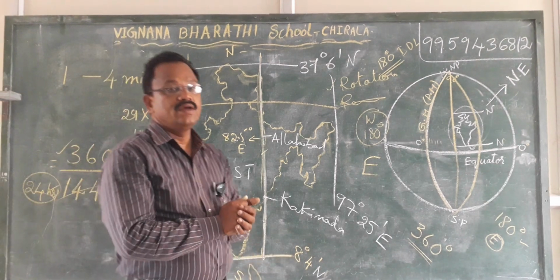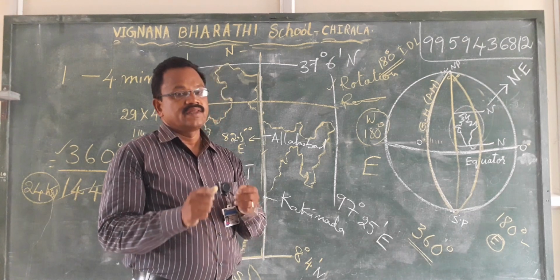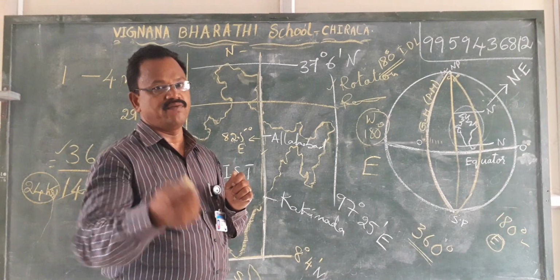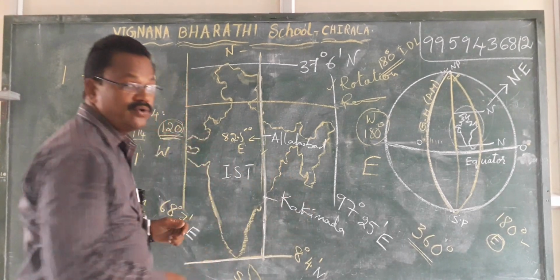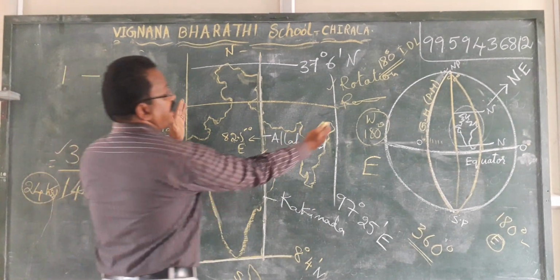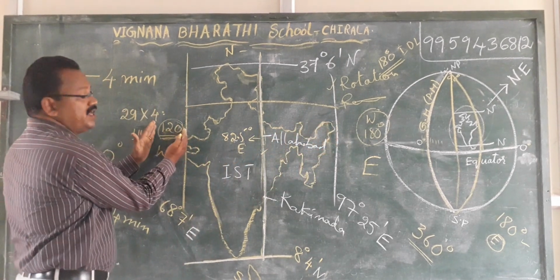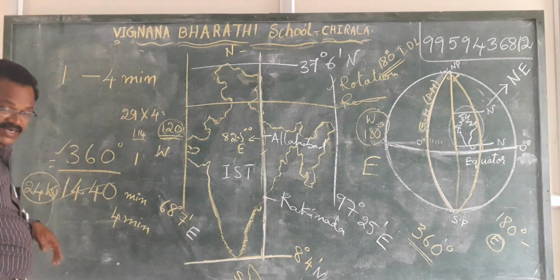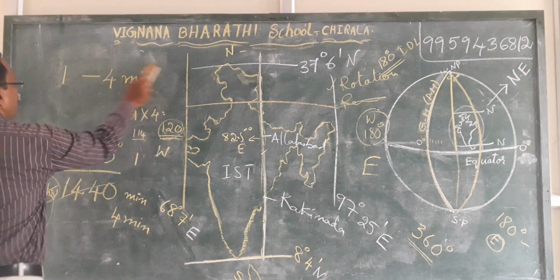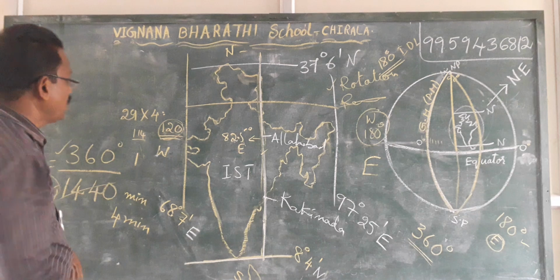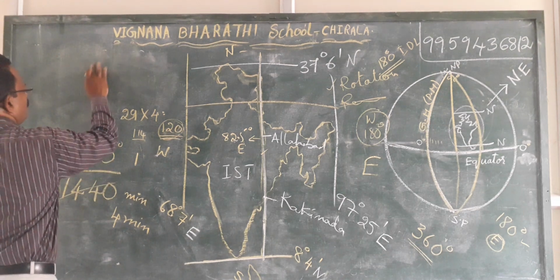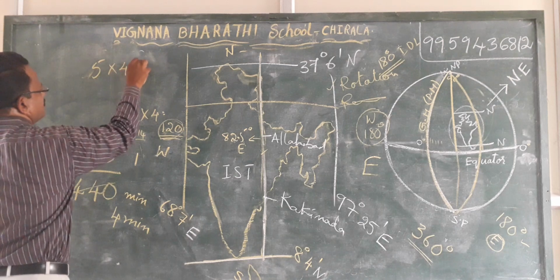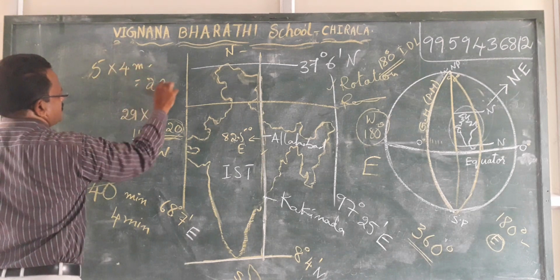So we need to find the time difference from one longitude to another longitude. For example, the longitudinal distance is about 29 here, which is approximately 120 minutes, that is 2 hours. If the longitudinal distance is about 5, then 5 into 4 minutes is 20 minutes.